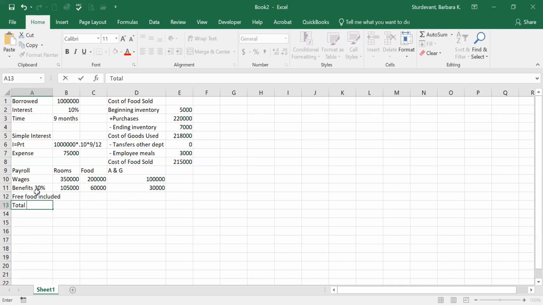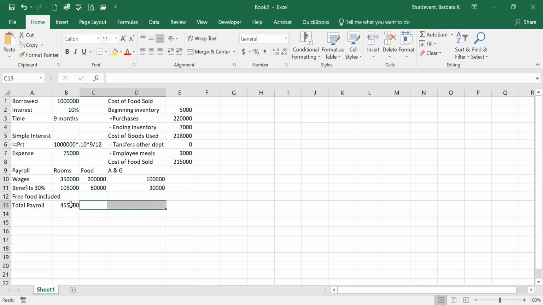So total payroll would be these things added up. When you go do the income statement, make sure you take these numbers and not the numbers in the list.